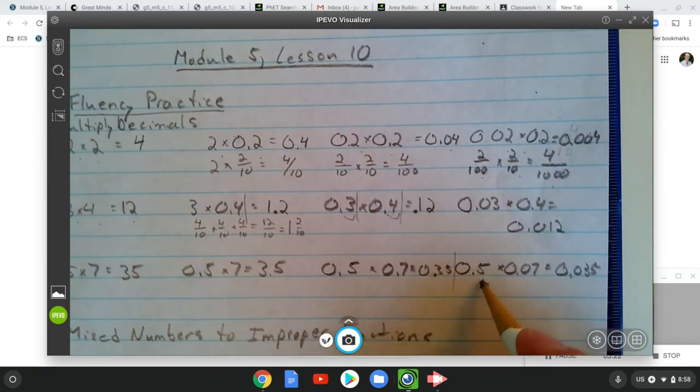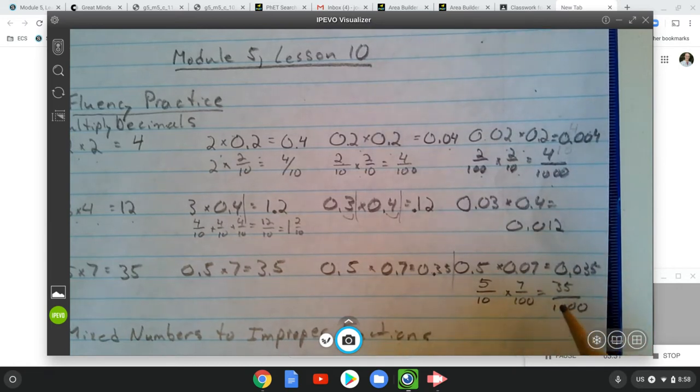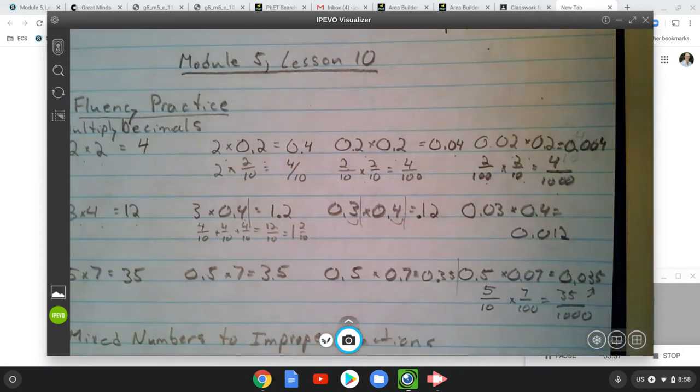So 5/10 times 7 hundredths is 35 thousandths, right? So that's 35 thousandths in a decimal. Okay, so that's one thing I wanted us to look at.